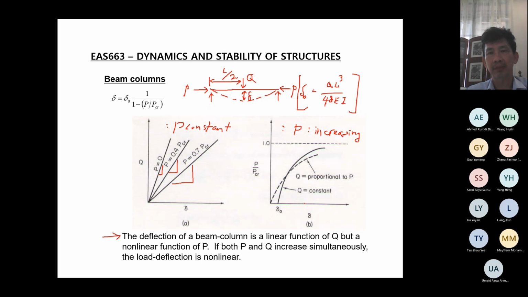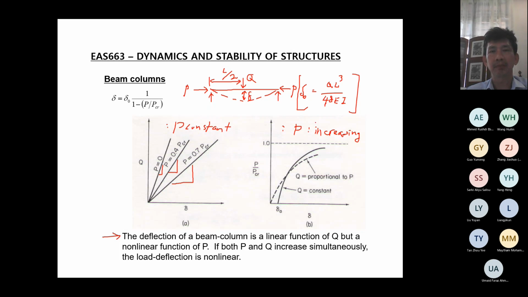So again, the deflection of a beam column is a linear function of Q, but a non-linear function of P. This is graph B here. Linear function of Q, this is graph A here. If both P and Q increase simultaneously, which in this case is shown by this dotted line here, the load deflection is non-linear. So as long as P is kept constant, and you increase the Q, the behavior is still linear.